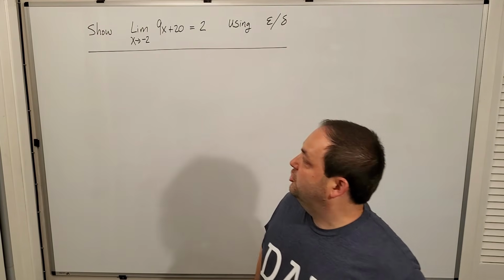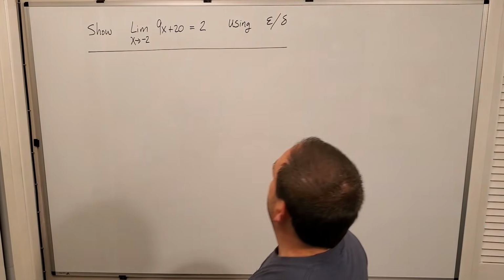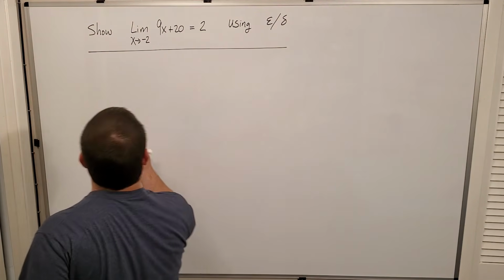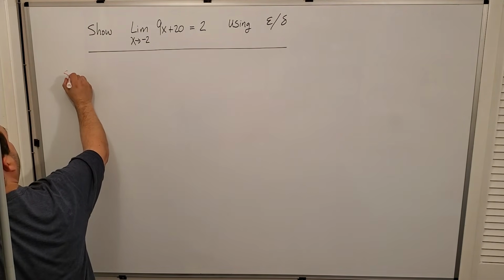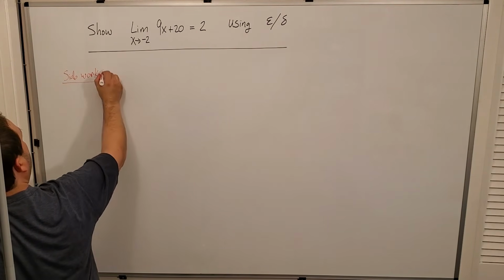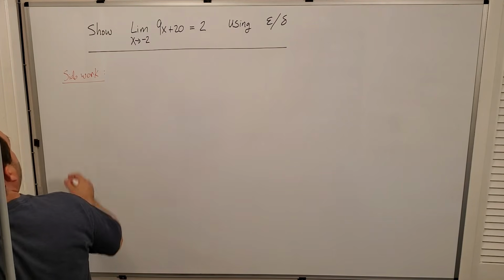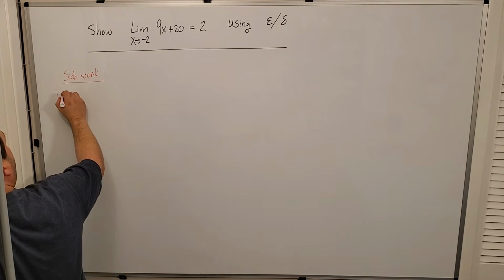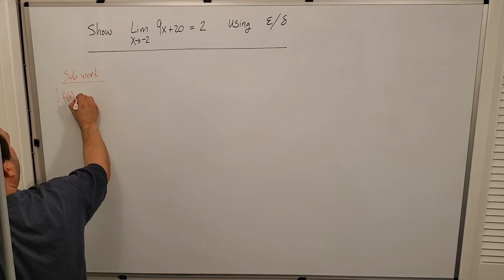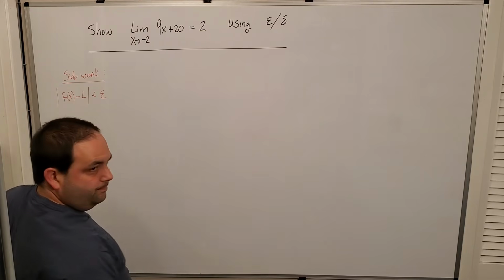Okay? So let's do some side work first, right? A little side work. For my side work, what I want to start with is the absolute value of my function minus the limit should be less than epsilon.